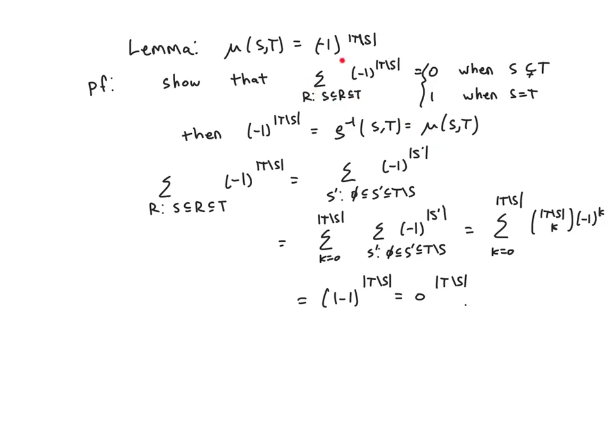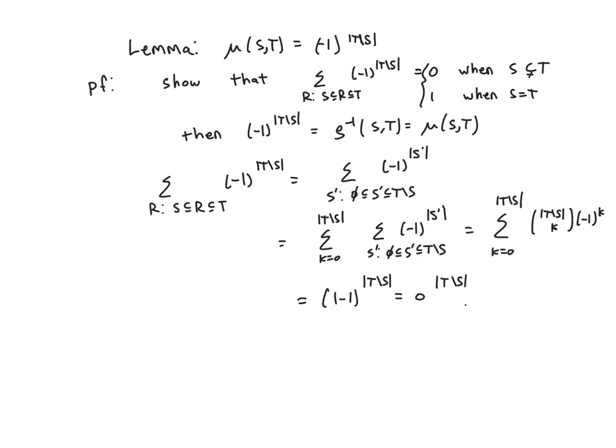In other words, that this summation is either 0 when S is a proper subset of T, and 1 when S is equal to T. Because that would make this function, negative 1 to the size of T take away S, equal to the inverse of the zeta function. Why? Because that's the definition of the inverse of the zeta function. If I put mu S T here instead, I get exactly this recurrence relation. And so I'm showing I satisfy the same recurrence relation and the same initial conditions.